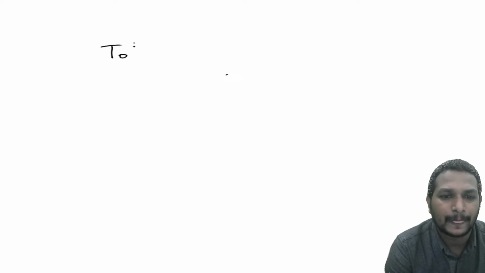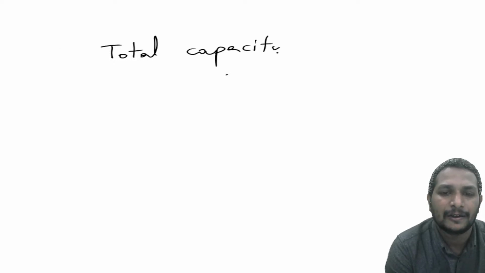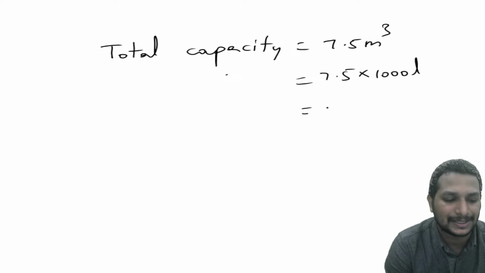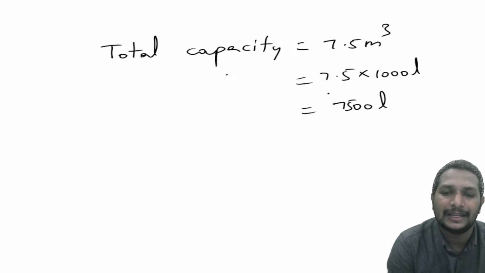What to do? First, the capacity is 7.5 meter cube. I want to convert this into liters, so into 1000 liters, which is 7500 liters.